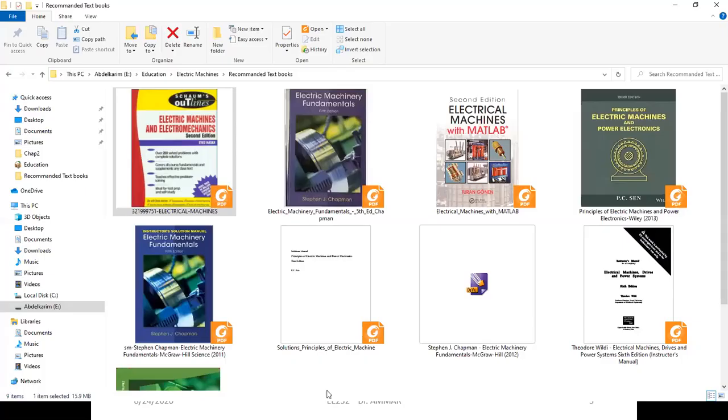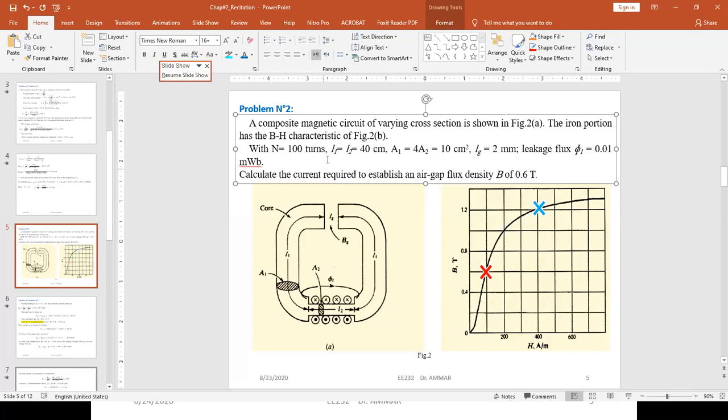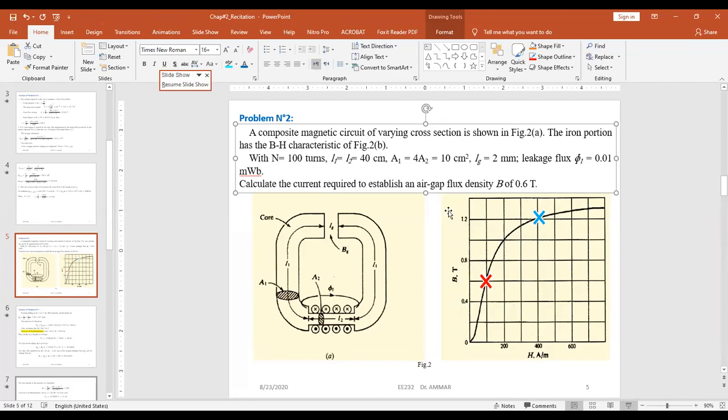Okay, it's 4 A2. So I was talking about this. A1 equals to 4A2. It's not 2A2.